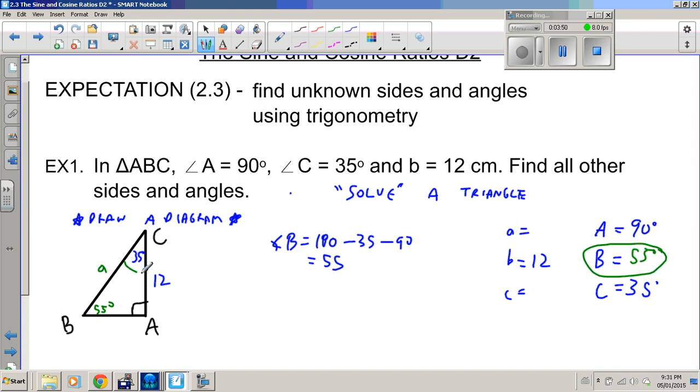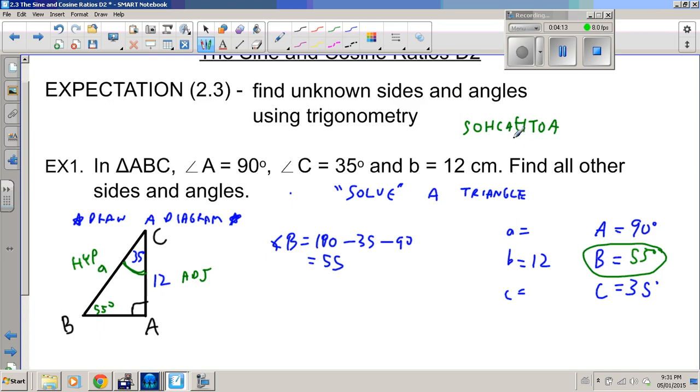Let's say we're going to use the 35-degree angle. And then what sides do I have for SOHCAHTOA? Well, from the 35-degree angle, A is the hypotenuse, right? That's the hypotenuse. And which one is 12? 12 is the adjacent side because it means next to. We identify the hypotenuse first and then the adjacent side.